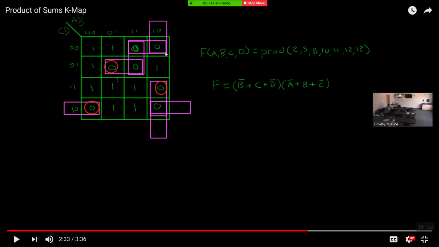Okay, so going straight up, these two are in the same column, so the A and B are both the same. A is 1, so that's where we get the A prime. B is 0, so that's where we get the B. Now coming over to the side here, as you pointed out, the C's are both 1, and that's where you get the C prime.